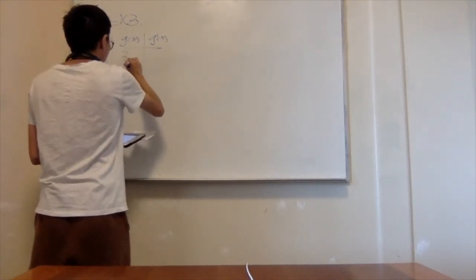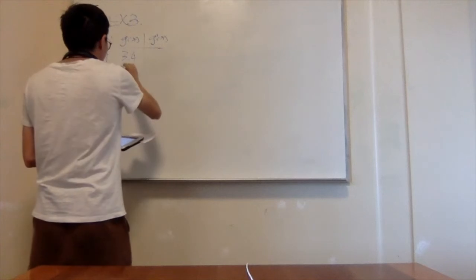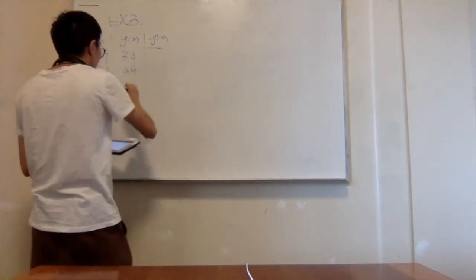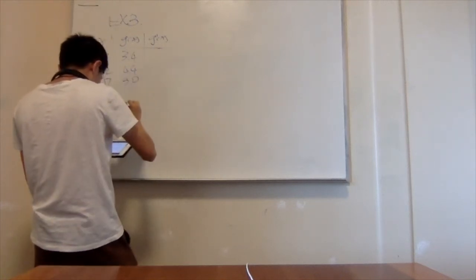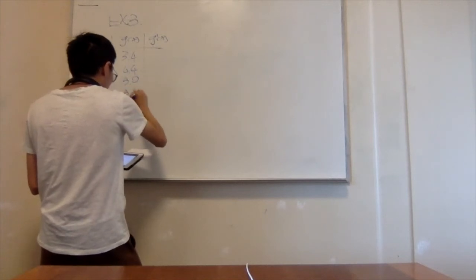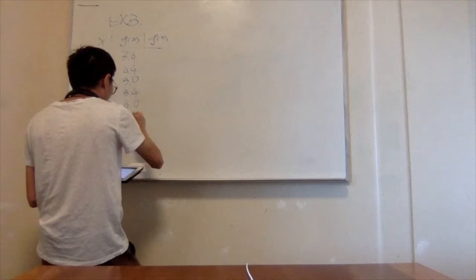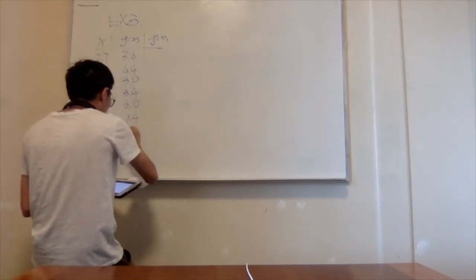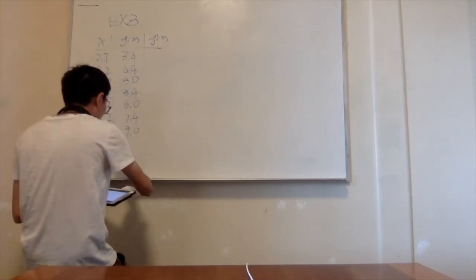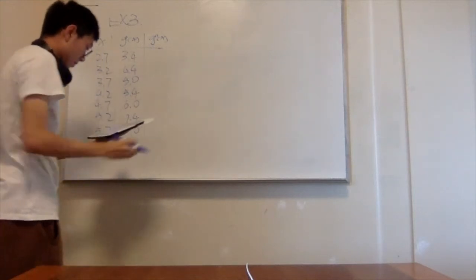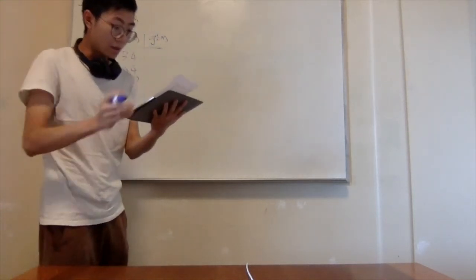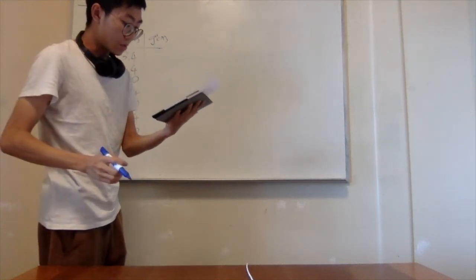And then g of x: 3.4, 4.4, 5.0, 5.4, 6.0, 7.4, 9.0, and 11.0.